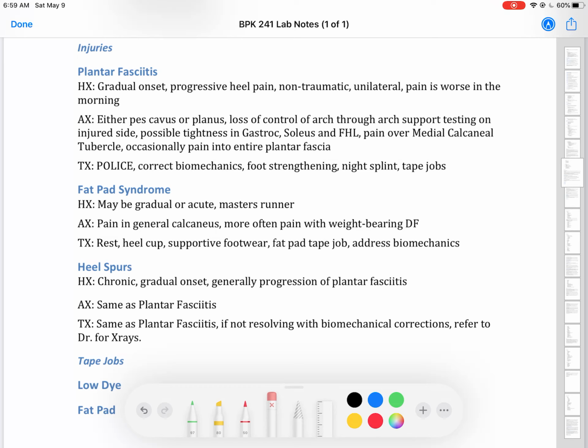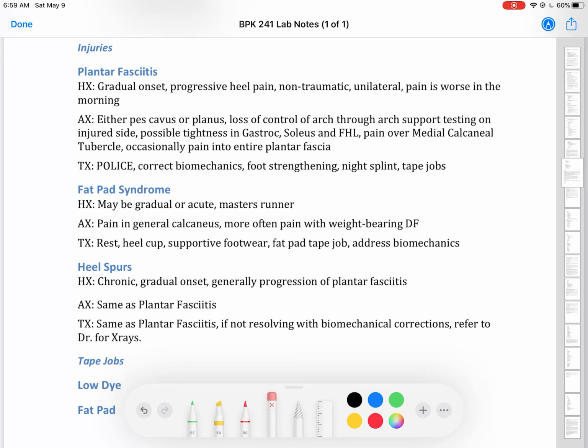Other things that we'll find with our assessment: for range of motion, we may notice some decreased ankle dorsiflexion on the painful side because of gastroc soleus being tight and that fascial connection between the Achilles tendon and the plantar fascia. So your gastroc soleus length test may be decreased on the painful side.